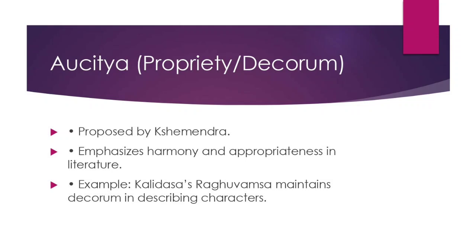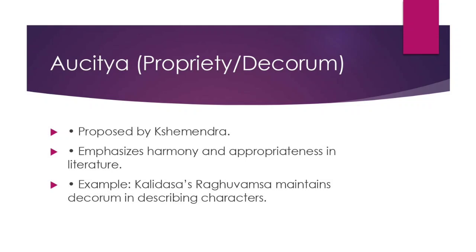Now let's talk about Aucitya theory. So Aucitya theory was introduced by Kshemendra in his work Aucitya Vicara Carca, which is a key concept in Indian aesthetics. So this Aucitya emphasizes propriety or appropriateness in literature.